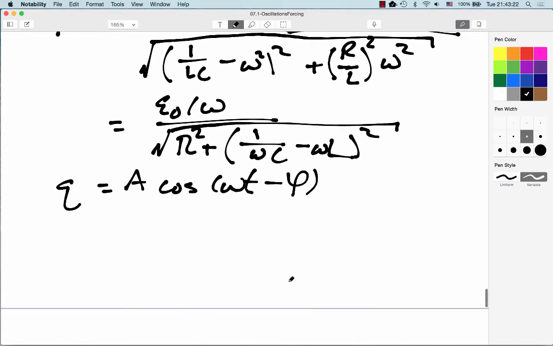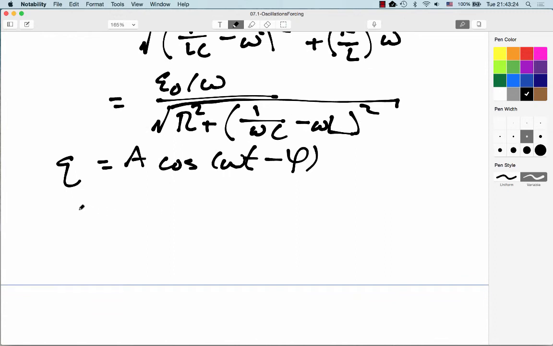All right, but I wanted the current, so let's get the current. The current is q dot, so we'll differentiate that.